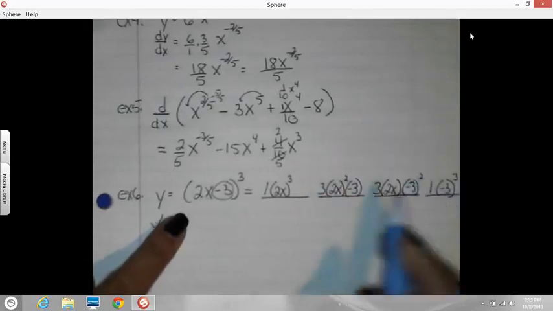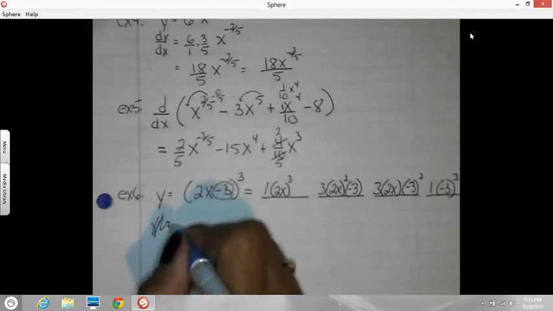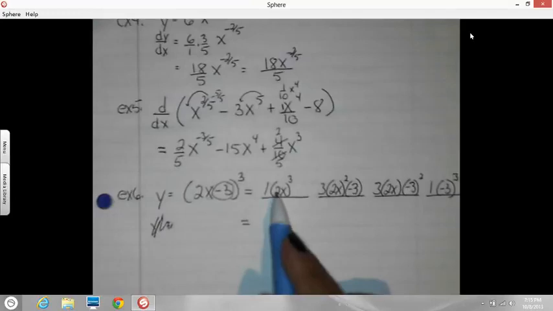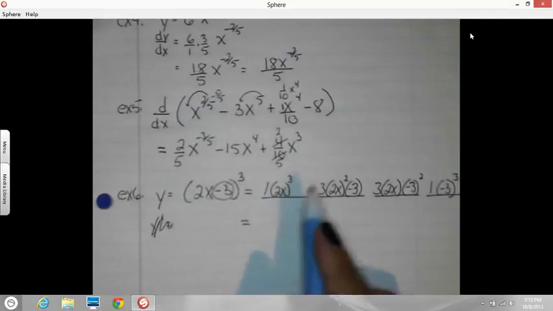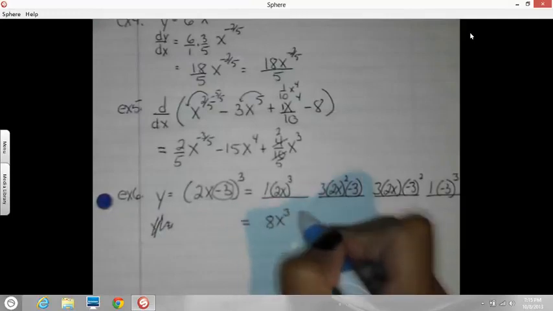Okay, we definitely want to simplify these before we try the derivative. So I might not be able to do that yet. All right, cubing. I have to cube the 2 and the x. 2 cubed is 8. x cubed, and that was all just multiplied by 1.